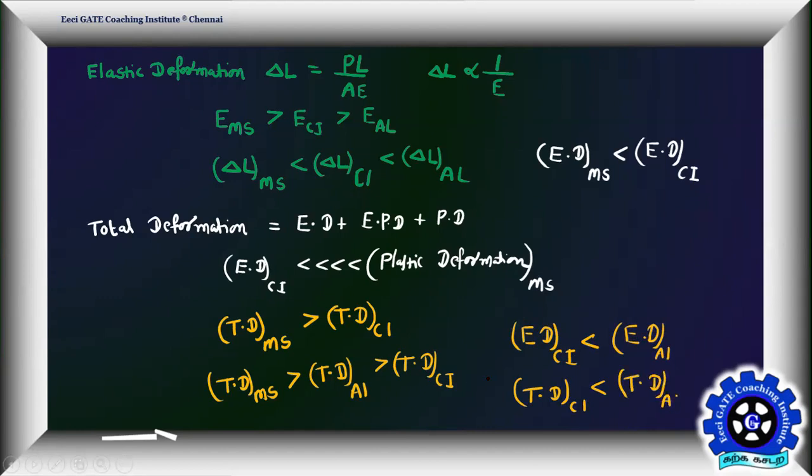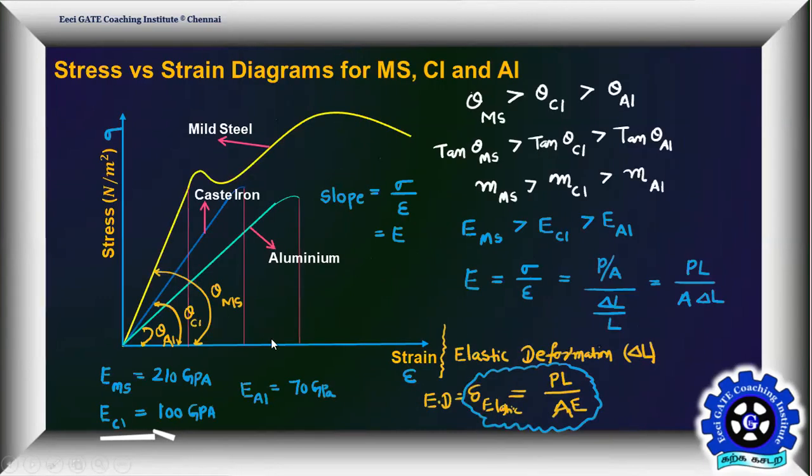So total deformation of aluminum is greater than the total deformation of cast iron. So this is all about elastic deformation and total deformation. There is no plastic deformation for this particular thing. This is perfectly elastic. There is no elastoplastic deformation for these two.